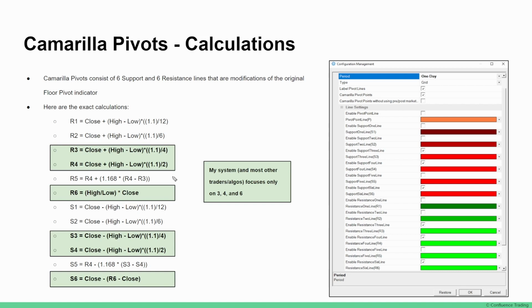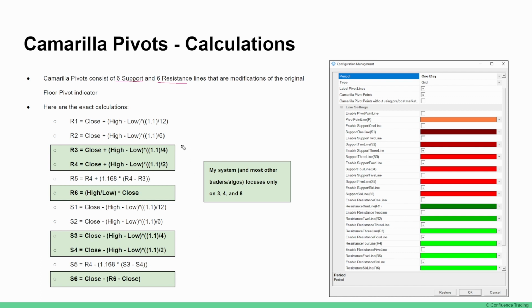If you hate math, I don't blame you for skipping this slide, but please don't skip the next slide on calculations, because that one is more important to my actual trading system. Generally speaking, the Camarilla pivot points consist of 6 support and 6 resistance lines for a total of 12 different formulas that you would need to utilize.